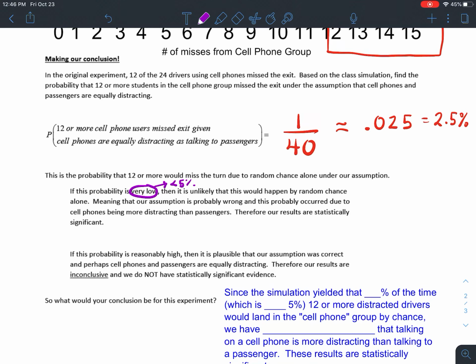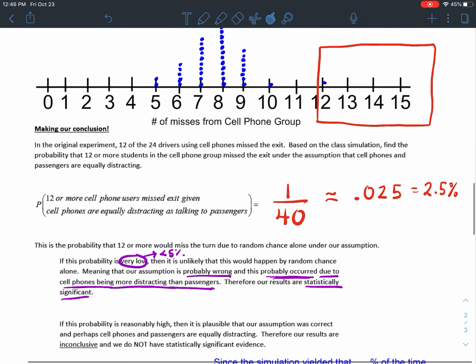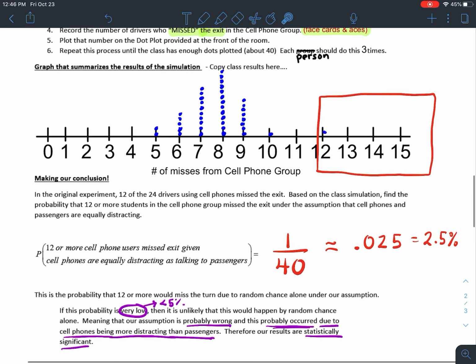So our assumption that the cell phone and talking to a passenger are equally distracting is probably wrong. What we're seeing, that there are a lot more people in that cell phone group who miss the exit, is probably due to cell phones actually being more distracting than passengers, which means the results would be statistically significant.